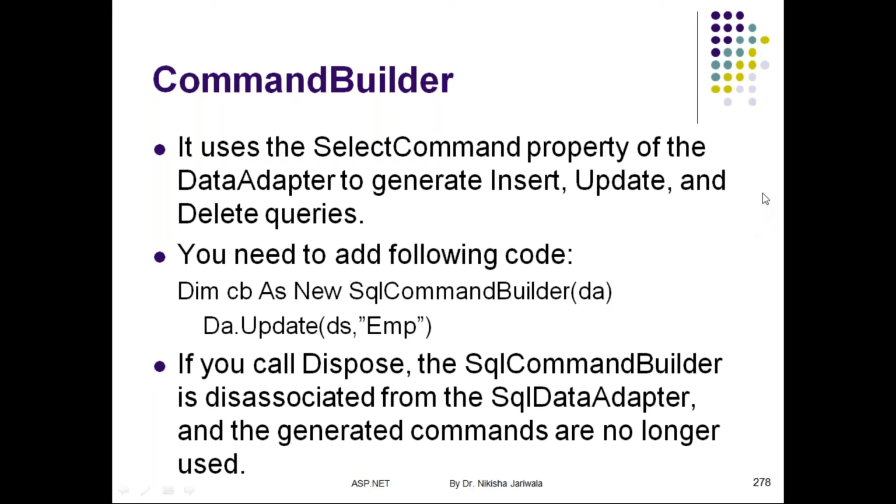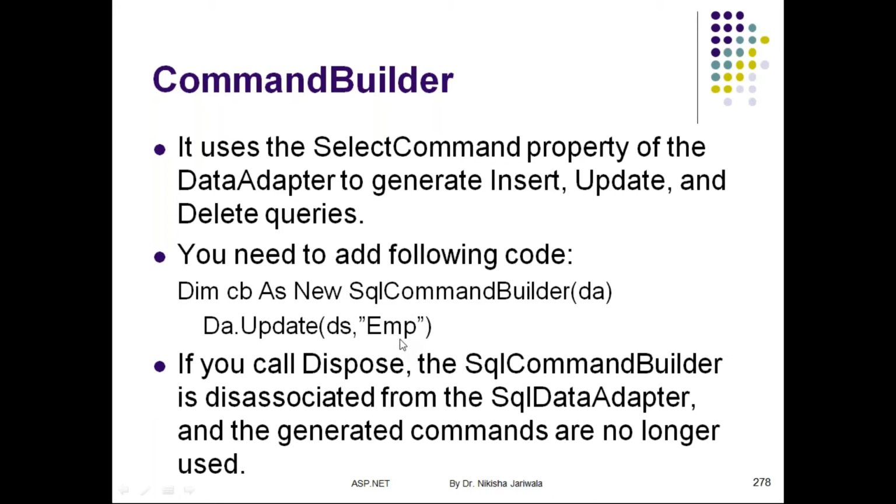After that, as we have already specified that cb will be created from the data adapter, that is da, and we know that we have the update method in the data adapter, we will use da.Update. Within parentheses we need to specify the dataset object, and from that dataset object we need to specify which table we want to update, or more precisely, the changes of which table within the data set are to be reflected on the database itself.